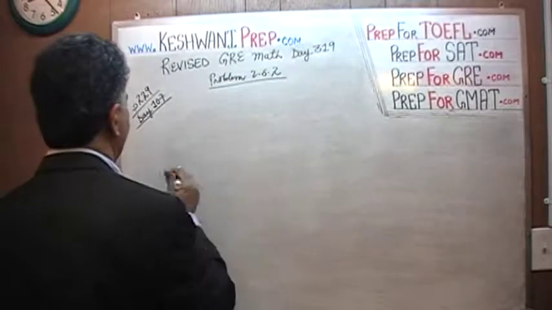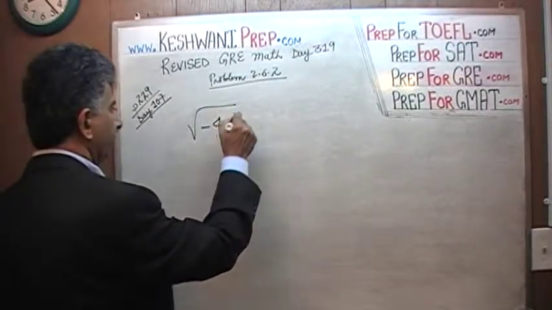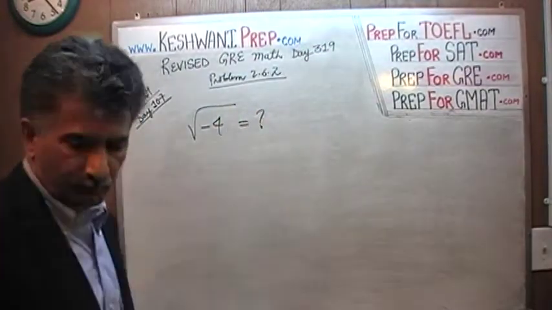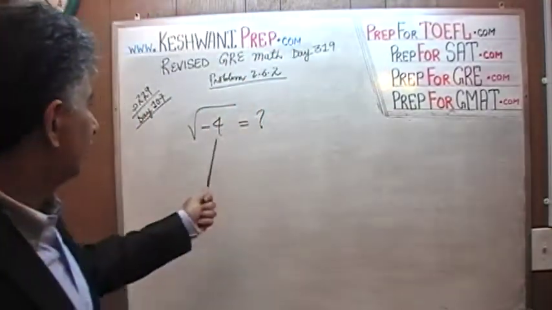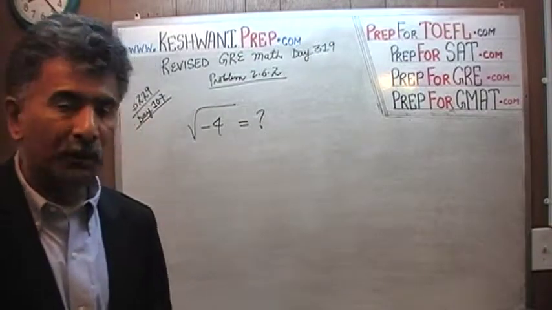Here's the next question. Can you think of a number which, when multiplied by itself, is going to give us negative 4?